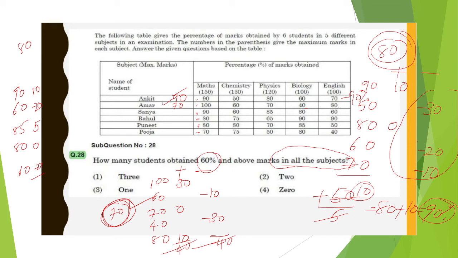That means minus 40 plus 15, minus 25. Minus 25 divided by 5, because we have to distribute for 5 subjects. Minus 5. We have to subtract that 5 from the 80 we took, so the average is 75.